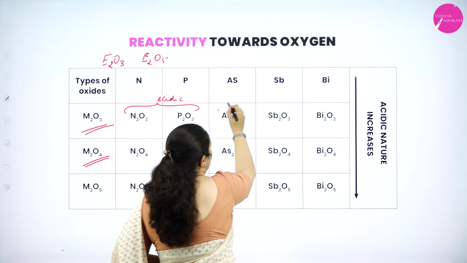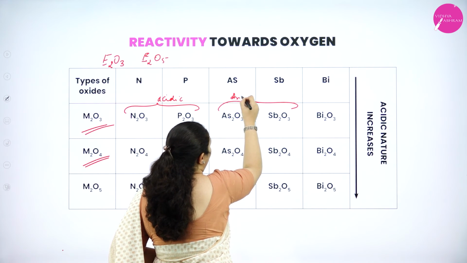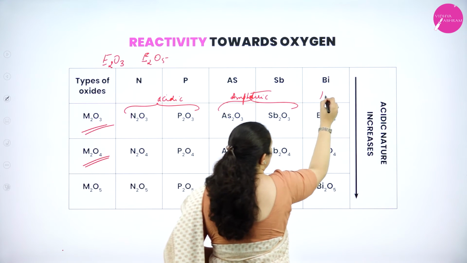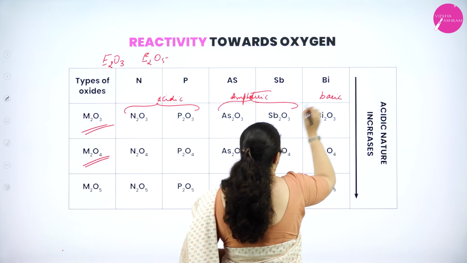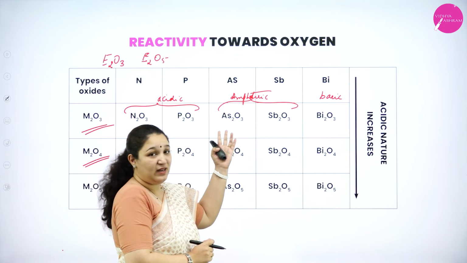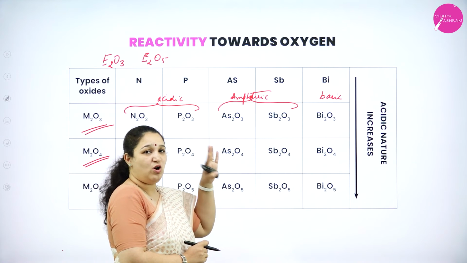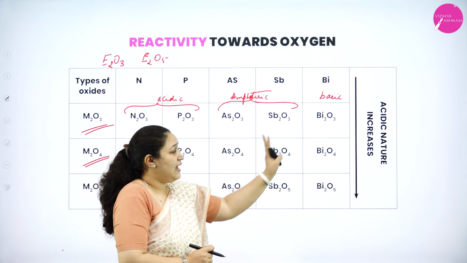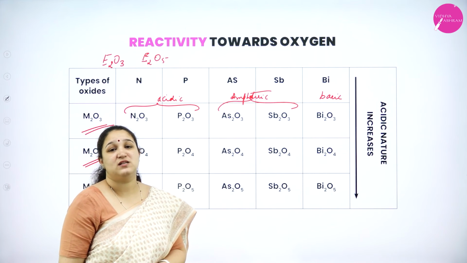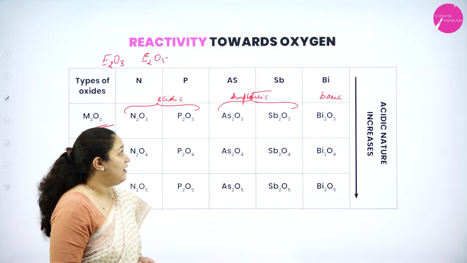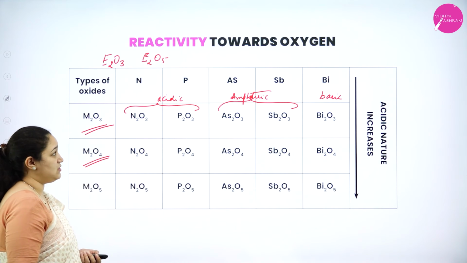Okay, arsenic and antimony oxides are amphoteric, and bismuth oxide is basic. Okay, so we have acidic oxides, we have amphoteric. Amphoteric means they can act as acids or they can act as bases. Okay, so I hope you have understood about reactivity towards oxygen.